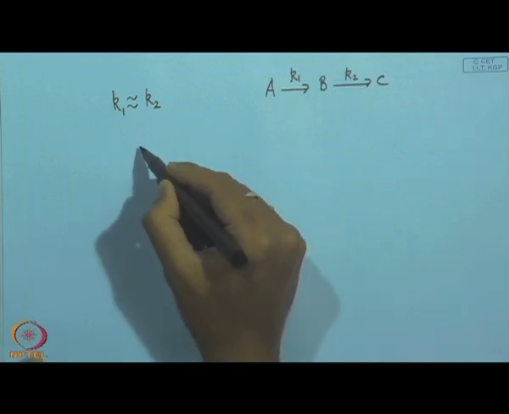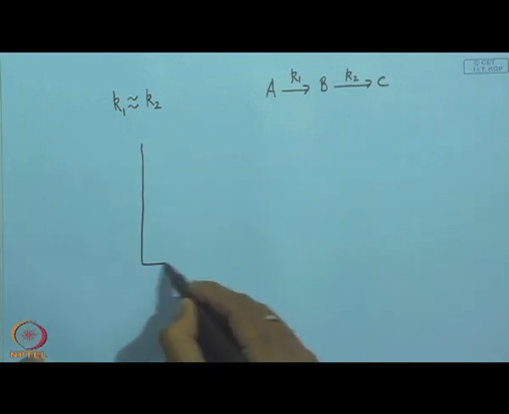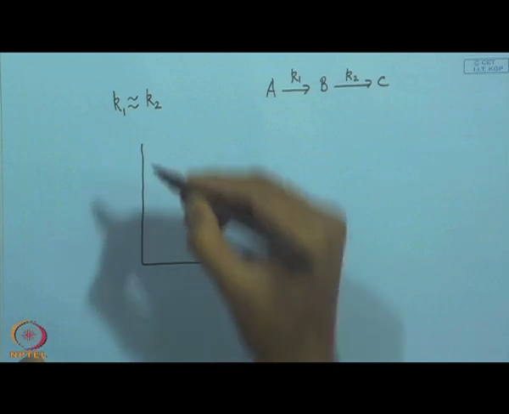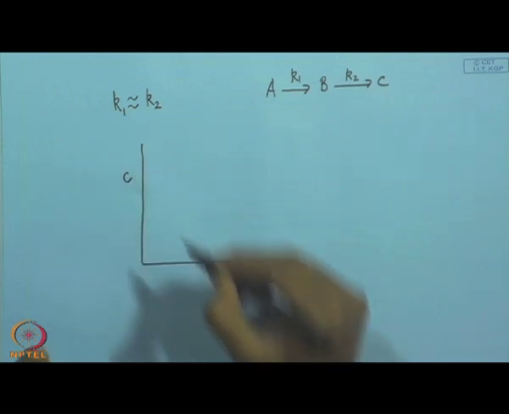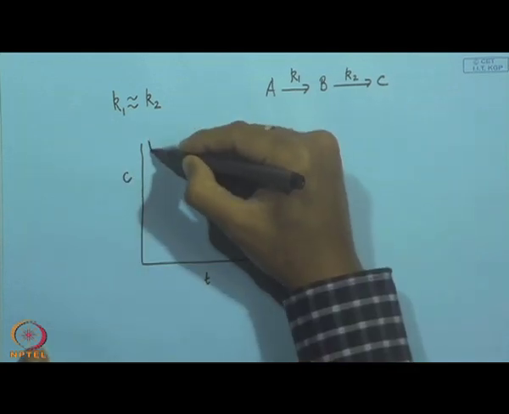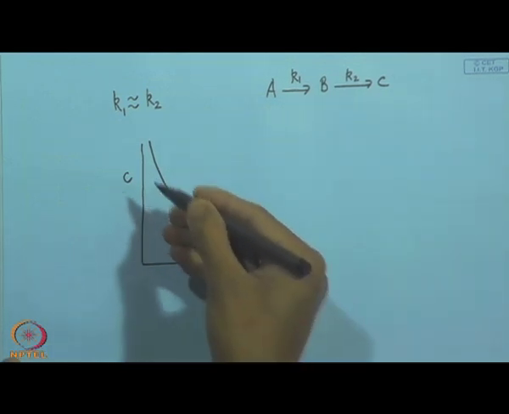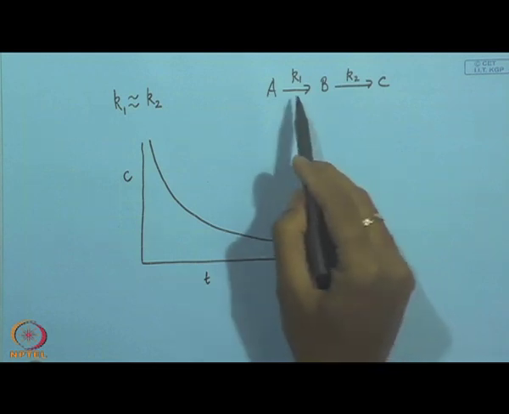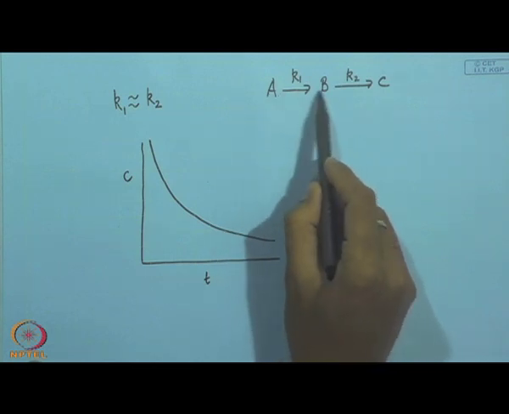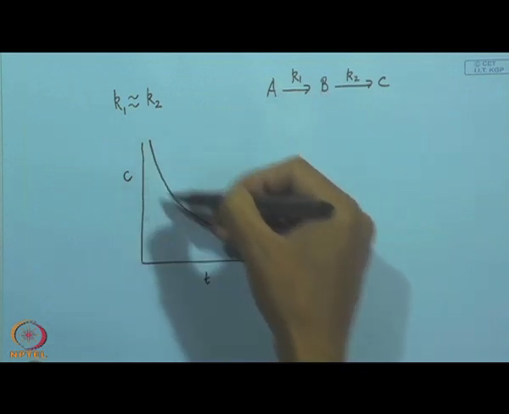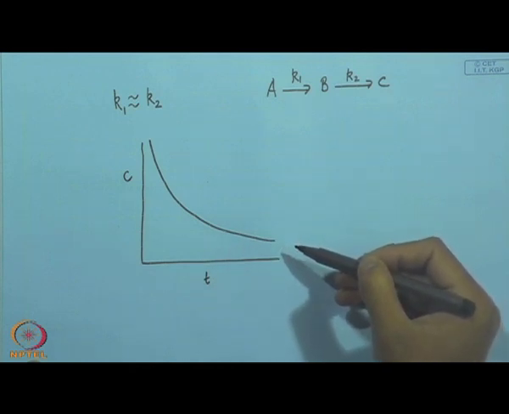Then the plot will be a typical plot. This is concentration, this is time. So, this is your A. It is depleted to B in first order kinetics, therefore it is always decaying like this.